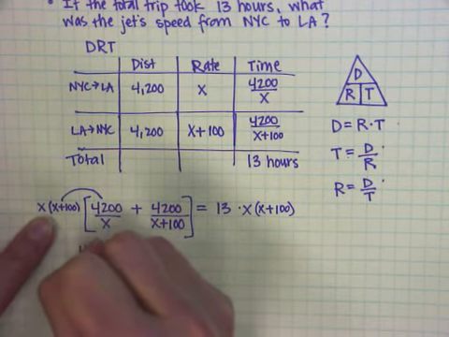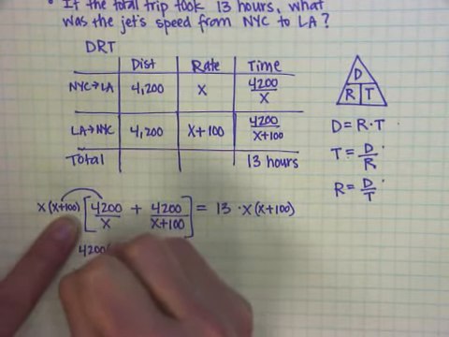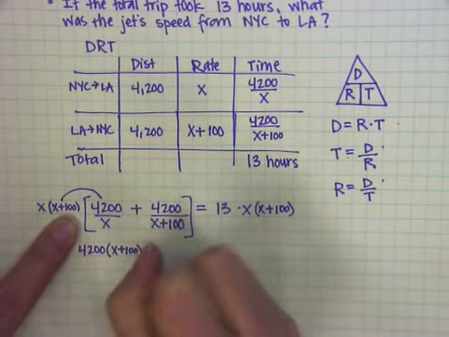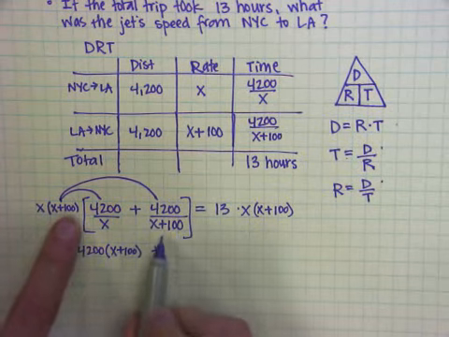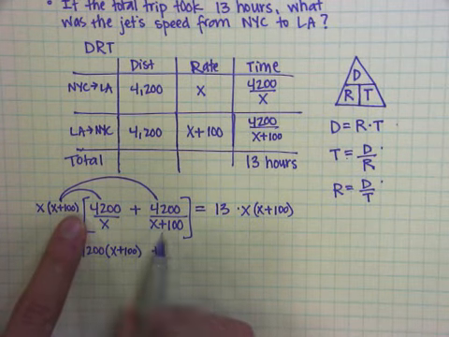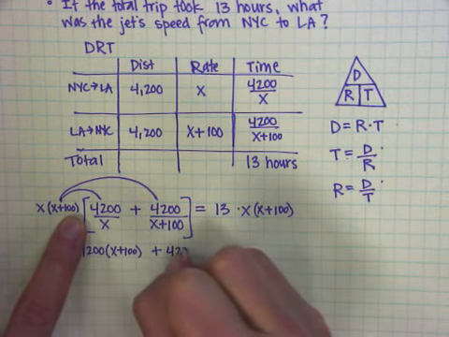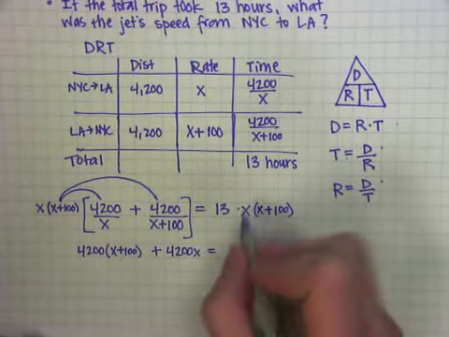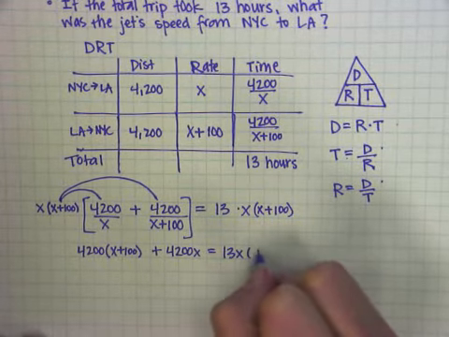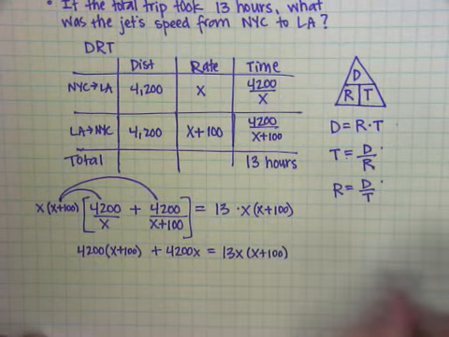So I'm going to have 4,200 just times the x plus 100. And then when I distribute this into this parenthesis, the x plus 100s are going to cancel. And that's just going to leave me 4,200 times x. On this side, nothing cancels, so I get 13x times x plus 100.